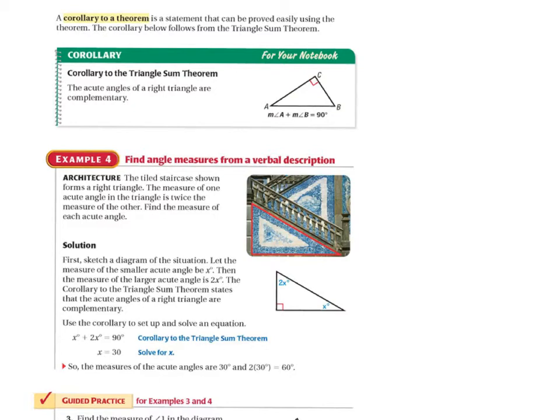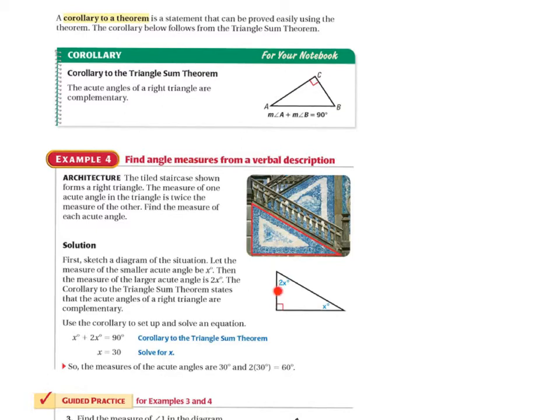Okay, so we have our example 4 down here, and we have this nice little illustration over here. It says the tilted staircase shown forms a right triangle. The measure of one acute angle in the triangle is twice the measure of the other, and we need to find the measure of each acute angle. This is a pretty straightforward problem.